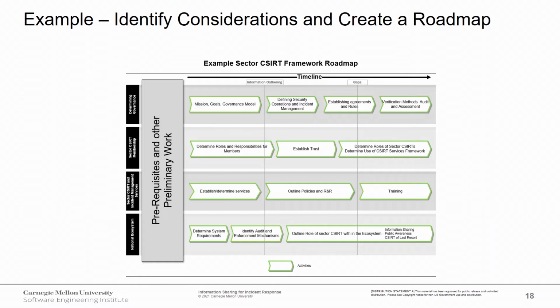Is it going to be services that are already provided elsewhere, and those are just going to move? Is it going to be duplicate services, or is it going to be new services? These are all the questions that we need to be asking as we go into information gathering.